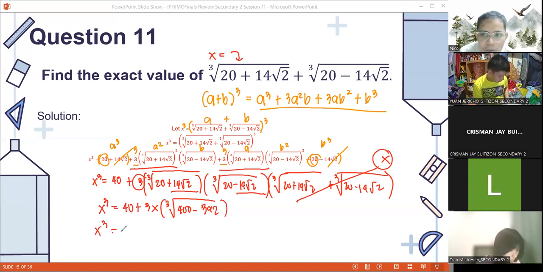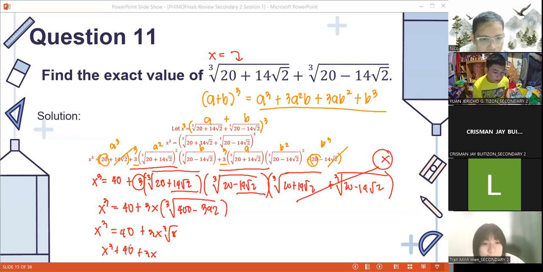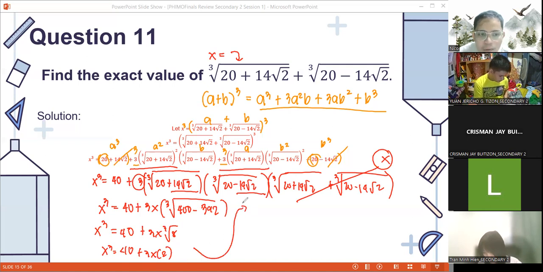So x cubed is equal to 40 plus 3x times the cube root of 8, which is just equal to 2. Okay, so continuing, we now get x cubed minus 6x minus 40 is equal to 0.